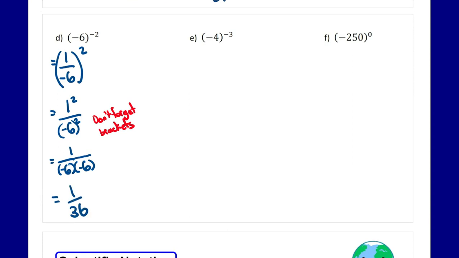But when we multiply a negative by itself, we should get a positive. So just make sure you're using the brackets when you're applying these exponents or when you're typing it into your calculator. So try to do E and F on your own, and we'll come back with the answers.